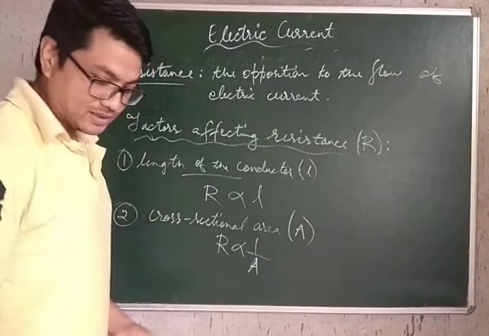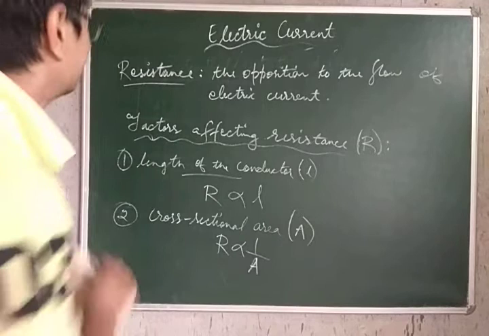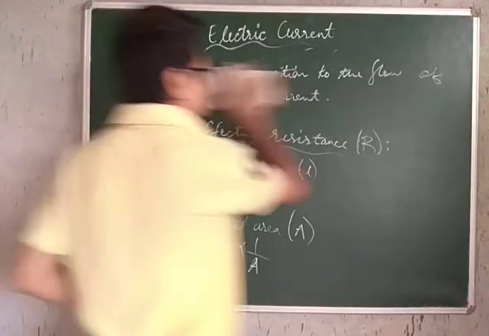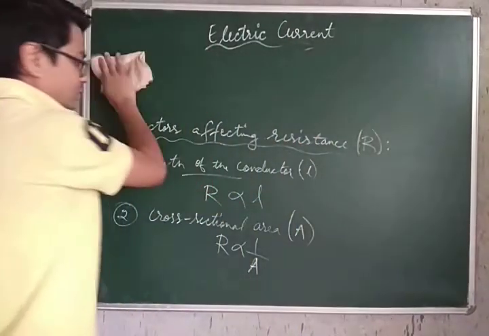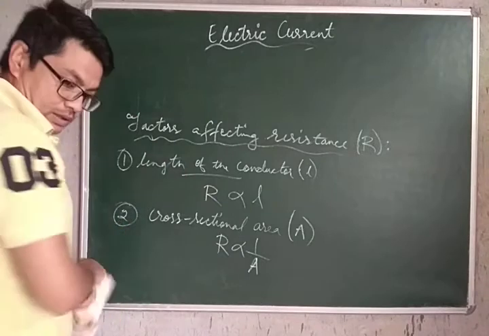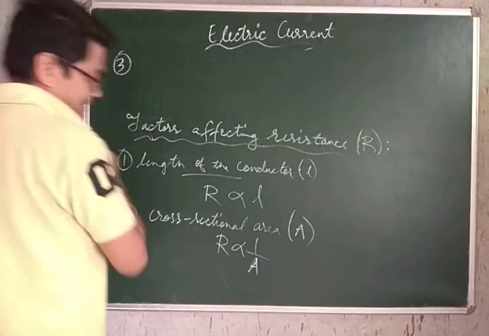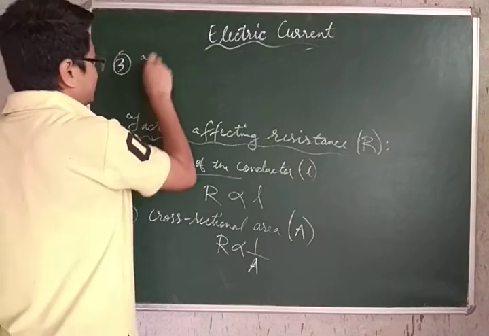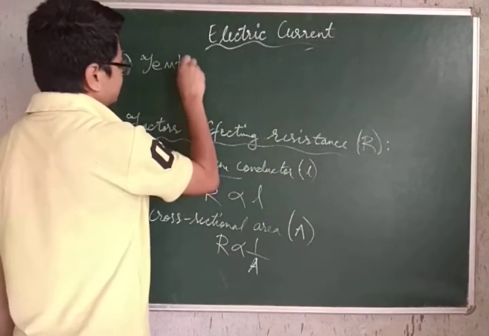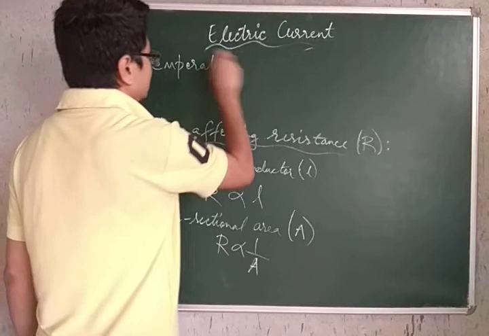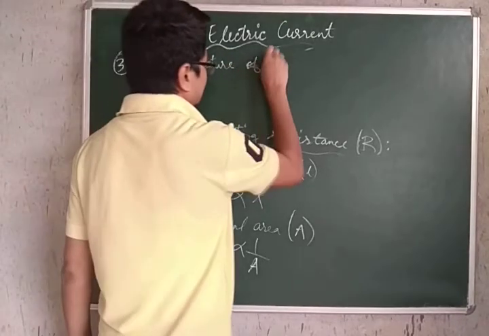We have two more factors. For that, let me erase the definition of resistance, which no one is going to ask you. So, the third one is the temperature of the conductor.